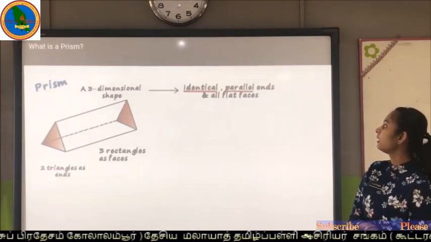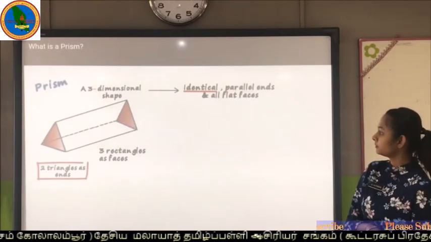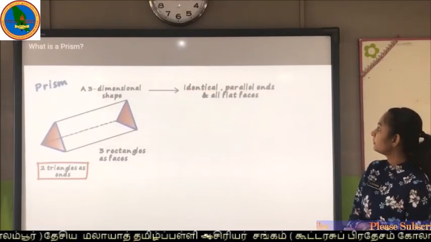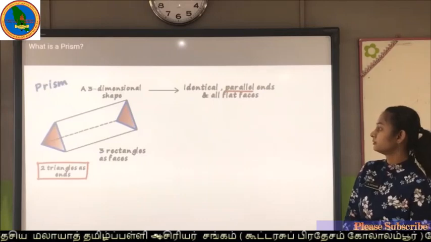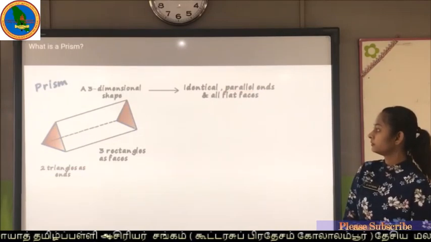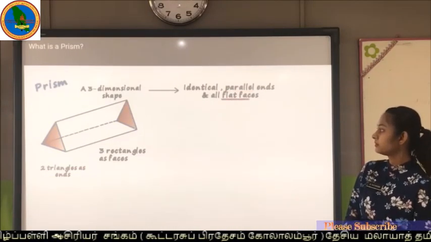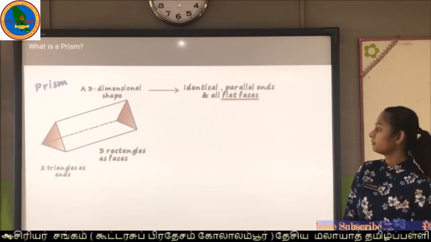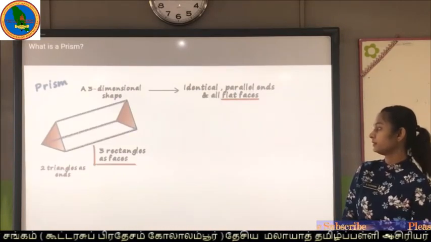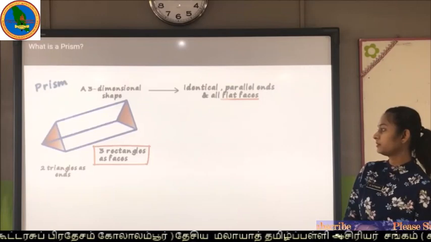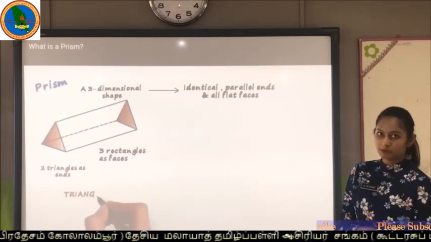They are identical since both are triangular, and they are parallel to each other. The definition also says all the faces should be flat. In this object, all faces are flat and rectangles. This, by the way, is called a triangular prism.